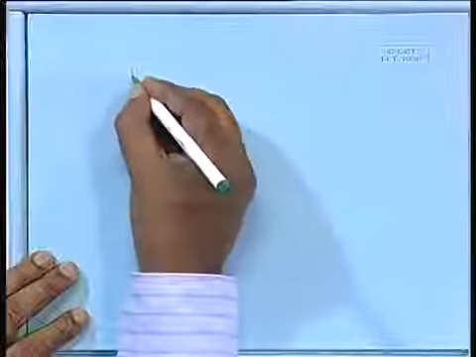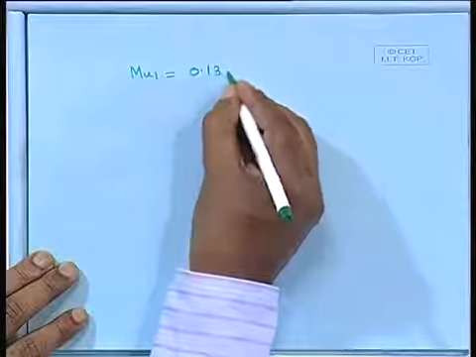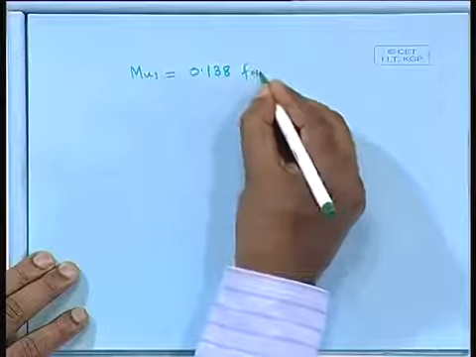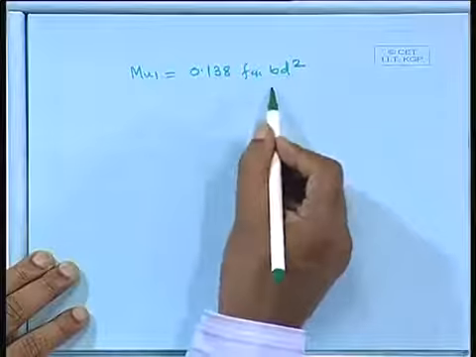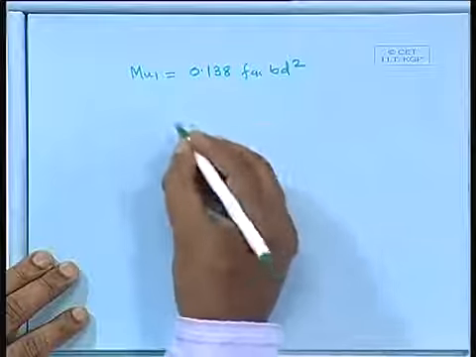Mu1, what is Mu1 due to concrete failure? Mu1 equal to 0.138 fck b d square due to concrete failure.